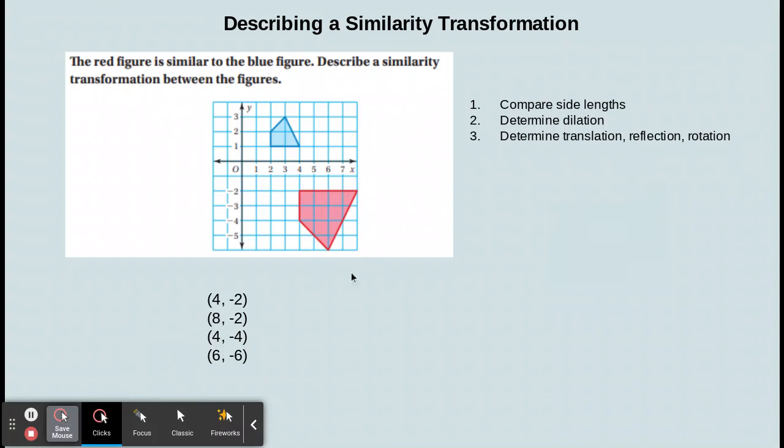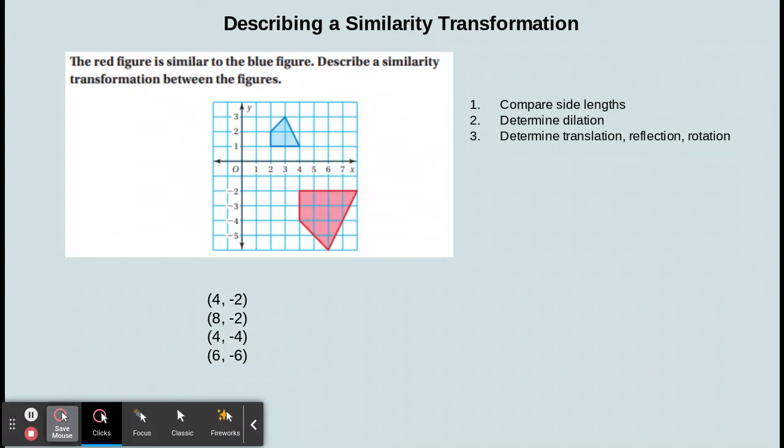Okay, next we can describe a similarity transformation if we are given 2 similar figures. So below here we have a red figure and a blue figure, and they are similar. So we're going to try to compare these two and decide how we can dilate and then transform the red one to become the blue one, or vice versa.